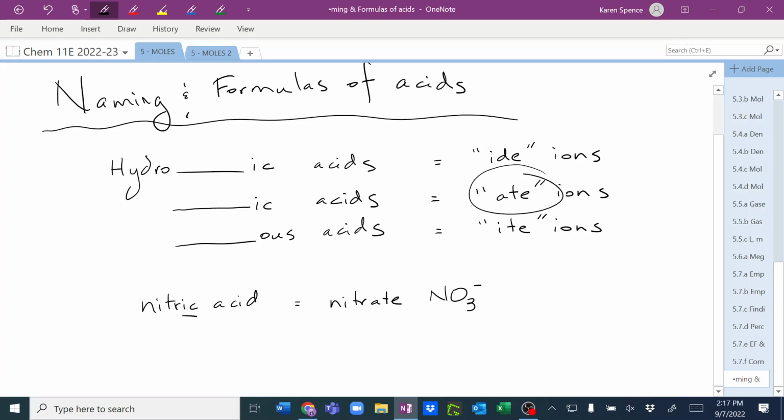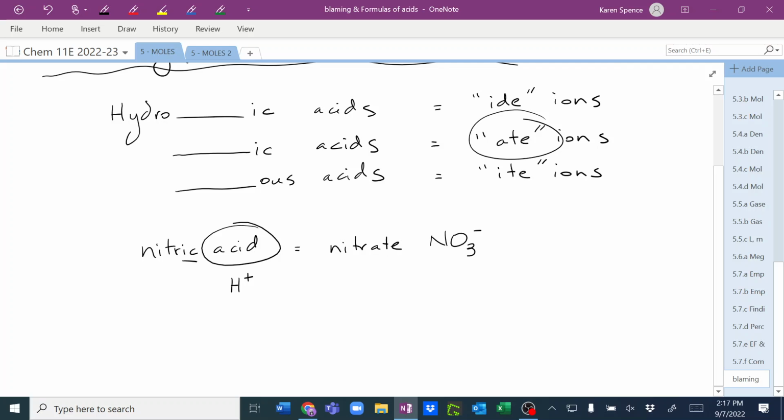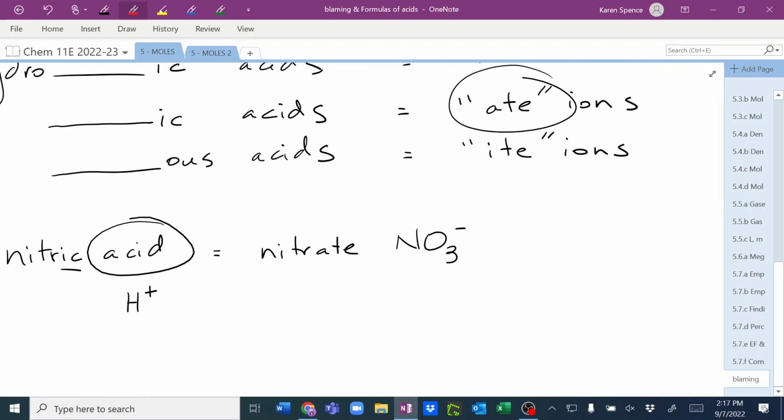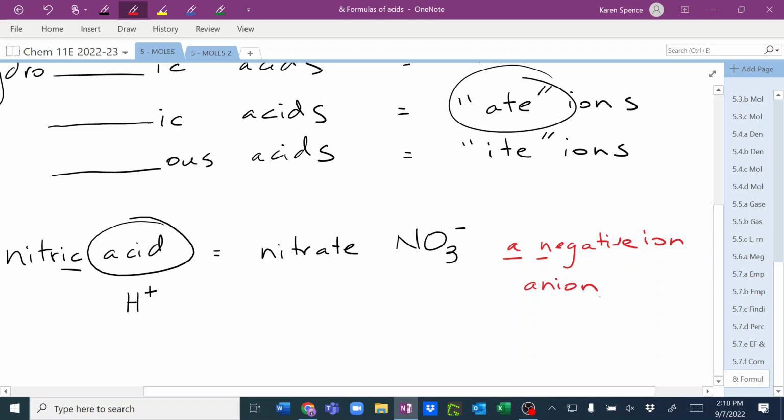So now we have nitrate, and when it is an acid, that means that whatever we call a negative ion, yes, is an anion. So that's our anion, negative ion. And hydrogen is the positive ion. What do we call positive ions?